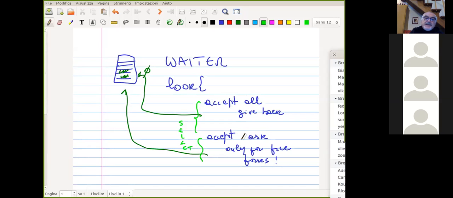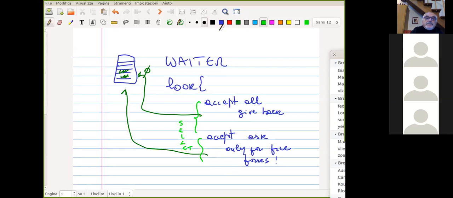And in this case, the guard of the select is a bit more complex, since you have to consider only ask messages, but to exploit ask messages only in case the forks are free. So to take into account only the pipes coming from the numbered philosophers that correspond to free forks.